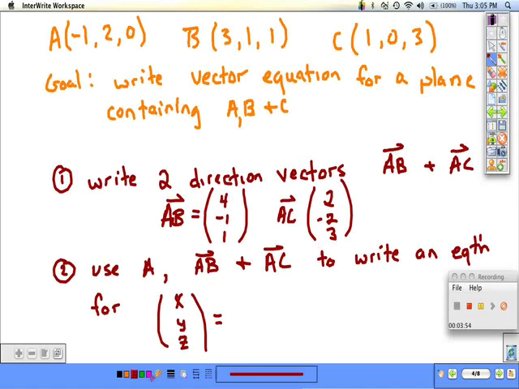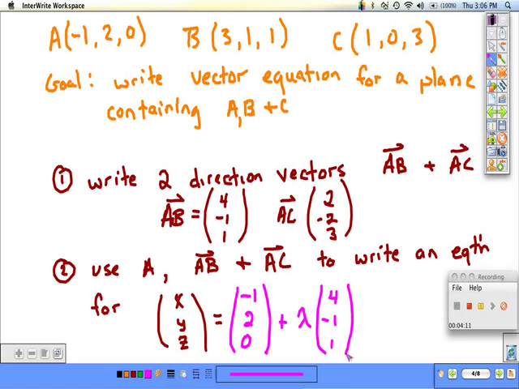Our vector equation will be some point, and I'm saying use A, but it doesn't really matter: (-1, 2, 0) plus lambda times the first direction vector, plus mu times the second direction vector.